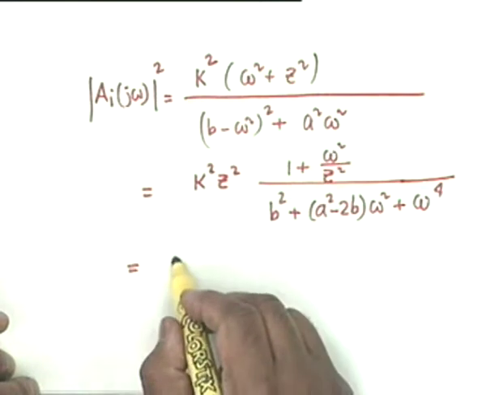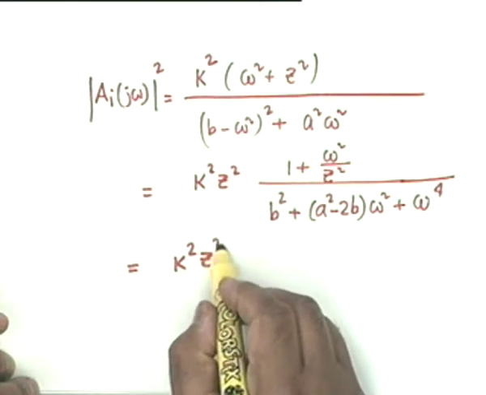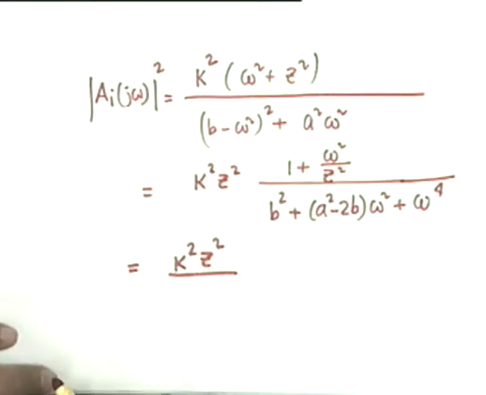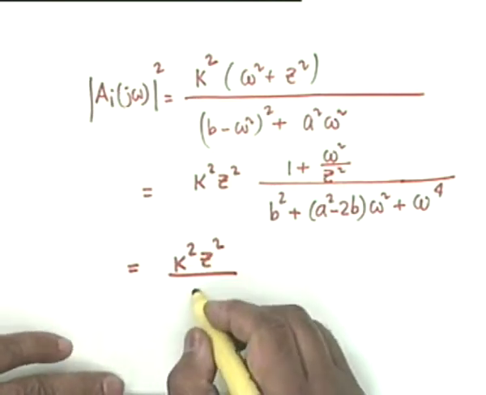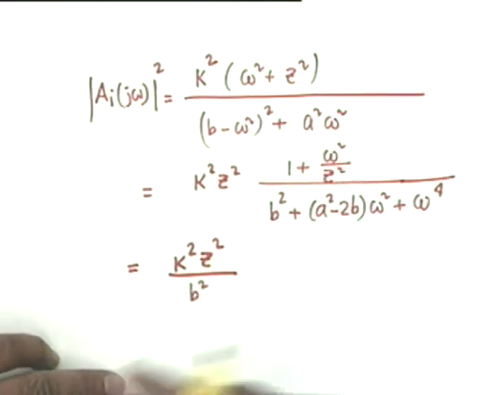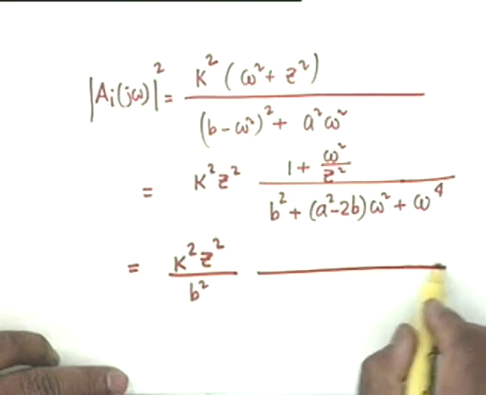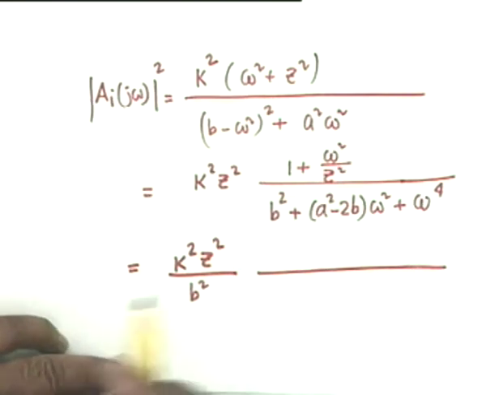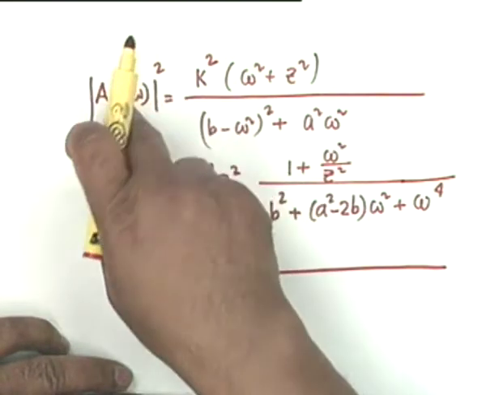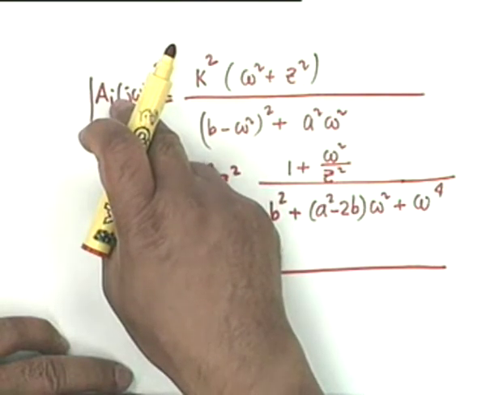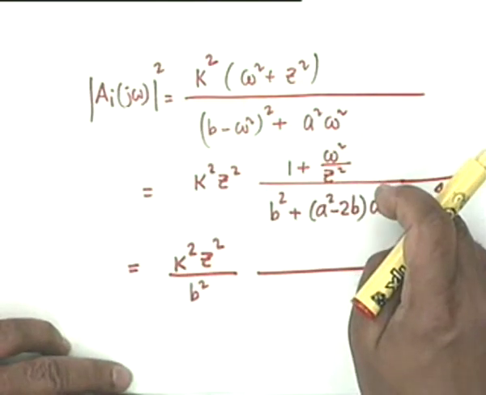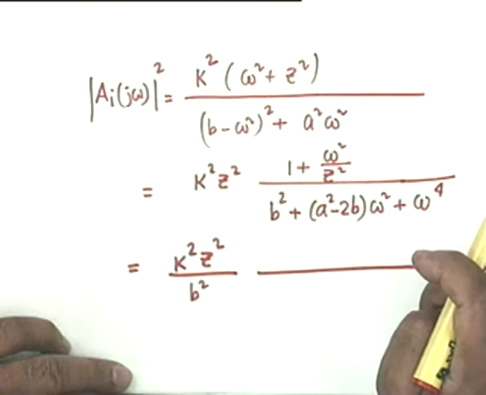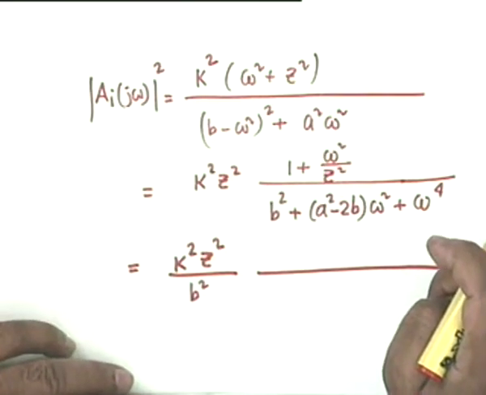I am doing this very slowly because I am not going to do this again. Divided by b squared, I take b squared out, so that what I am doing now is to write the magnitude squared function as a ratio of polynomials in omega squared with the lowest power term, that is the constant term, equal to unity.